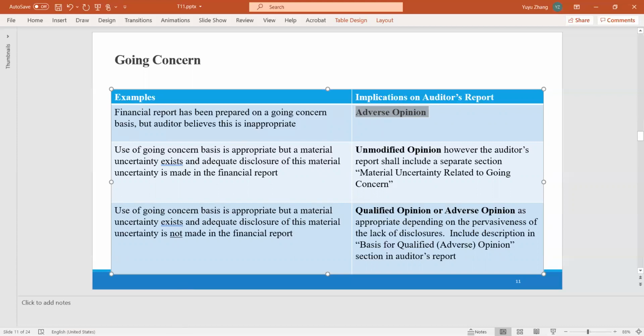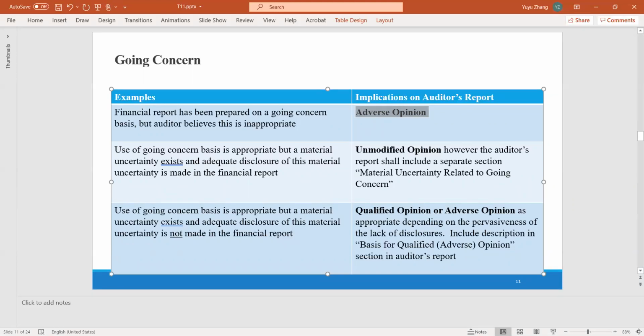In the second situation, overall the going concern basis is still appropriate, but auditors know there are material uncertainties. They know this material going concern uncertainty exists, but the directors have already made a proper disclosure of this going concern uncertainty in their financial statements.